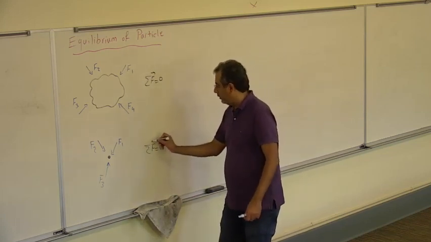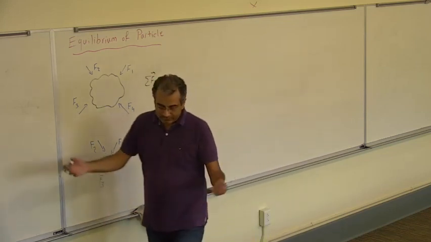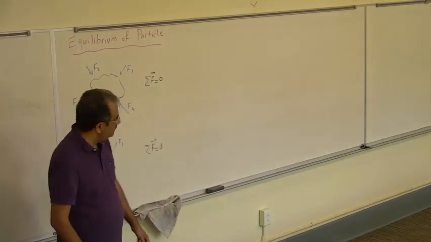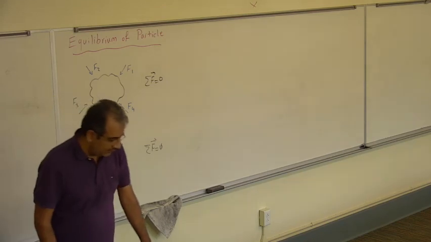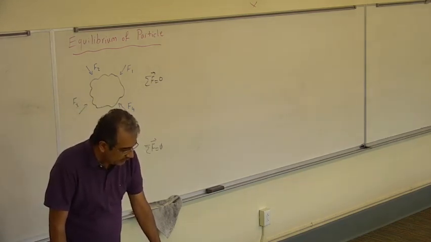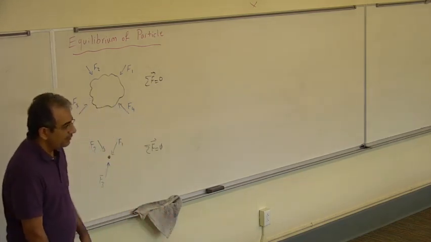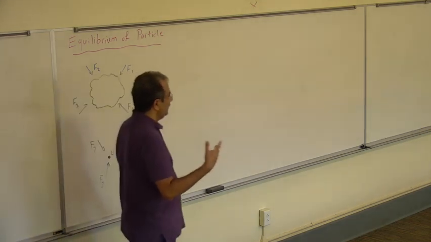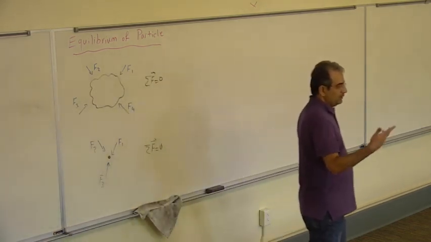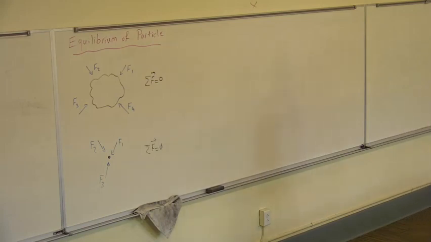So if I have all the forces together, it should not move. That's the basics of what we will do in this chapter. The entire chapter we are going to talk about: is this object in equilibrium, or if it wants to be in equilibrium, what's the requirement, what's the condition, what should happen so that the object stays in equilibrium.